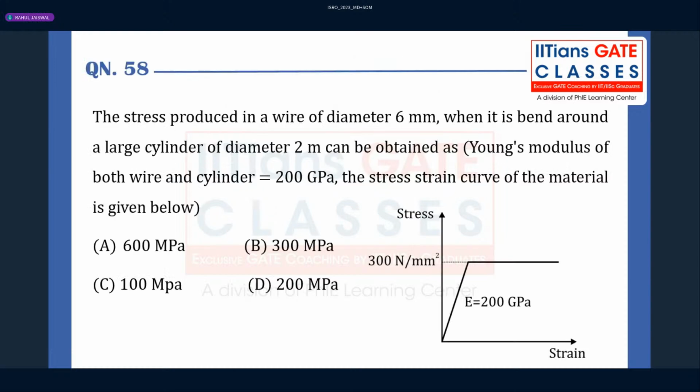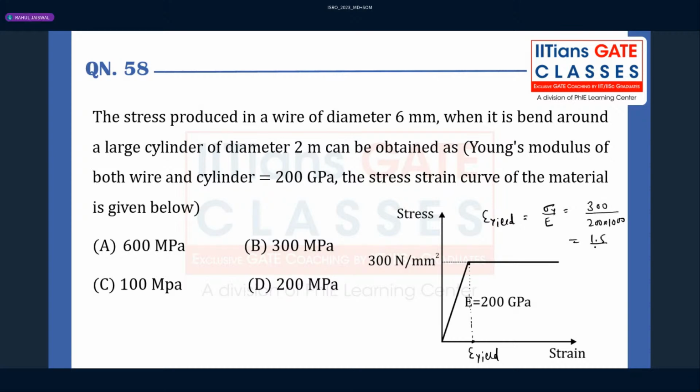0.003, what does this strain mean at this point? At the yield point, what is the strain? That you can calculate very easily: sigma by E. What is the sigma value at the yield point? 300 by 200 into 1000.